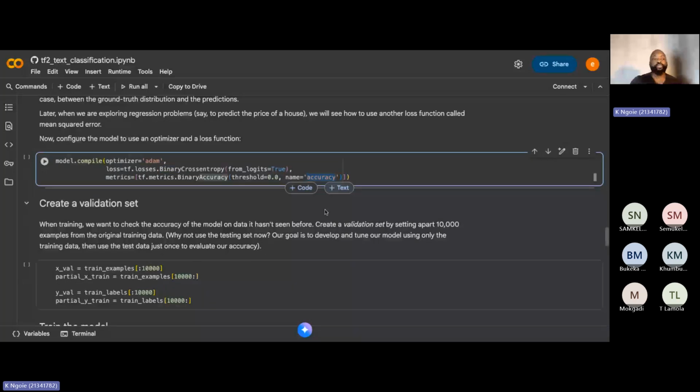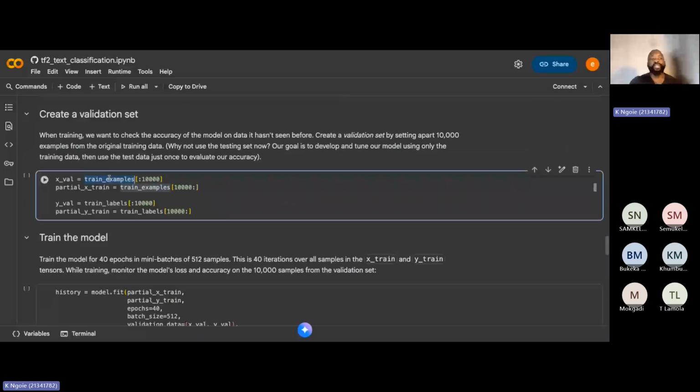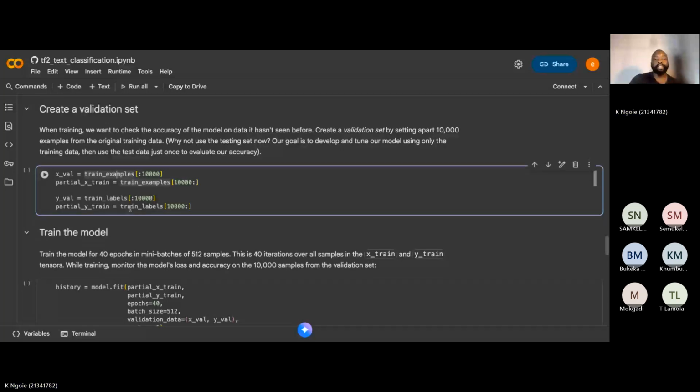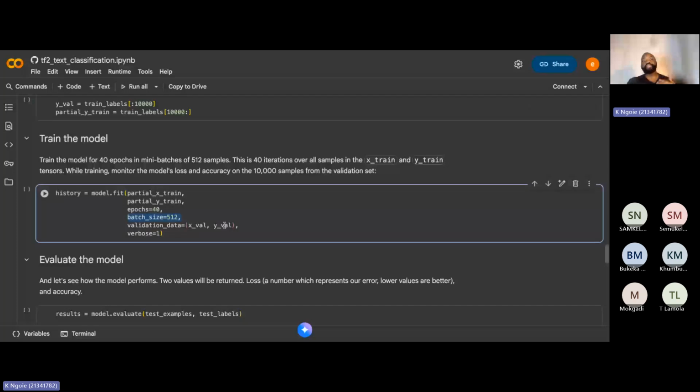Okay, so to validate, out of the data we're going to train on 10,000 samples, and there is data that we're going to use for validation. Then the model is trained. In this case, we use a batch size of 512. That means out of all the data that we use, we divide it into batches of 512.